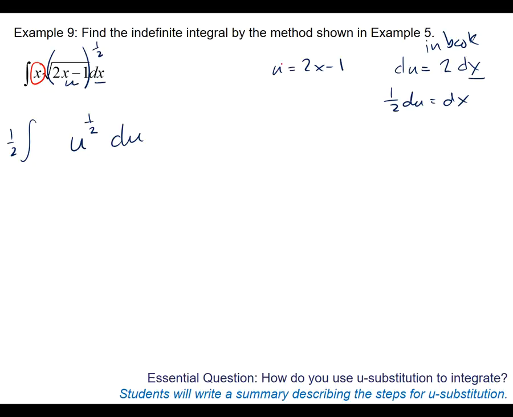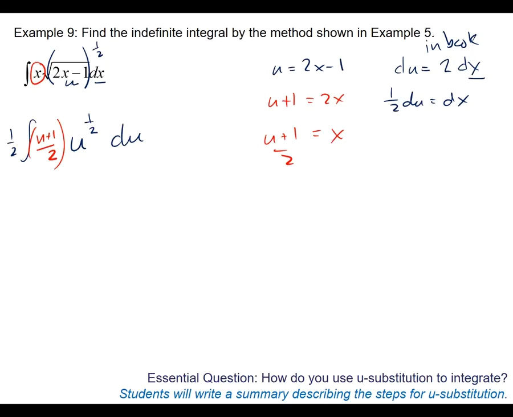So, do you see this guy right here? Couldn't I solve that for x? Yes. And then I would know what to substitute in for an x in terms of u. So what are we going to do to move the 1? I had to have left a space underneath there for some reason, right? What do I need to do with the 2? Divide it. Good. So that's going to go right in front here as u plus 1 over 2.